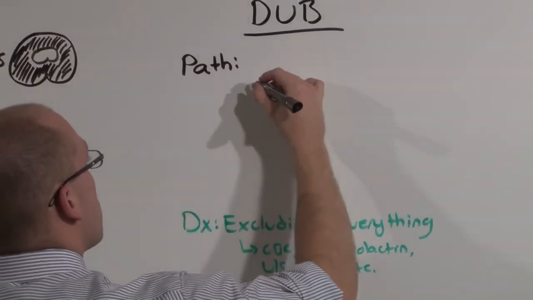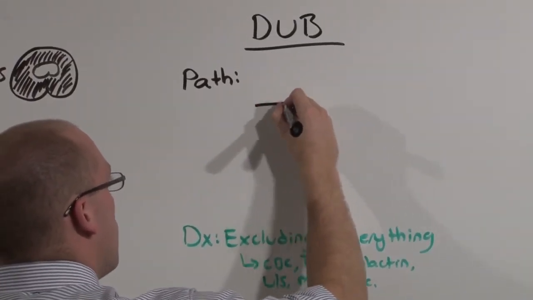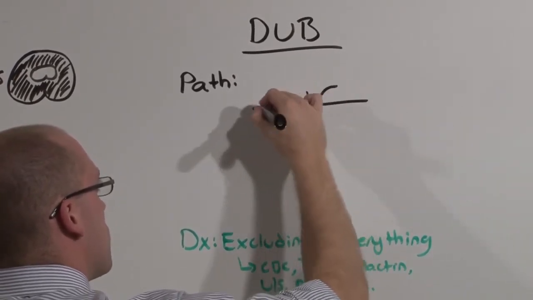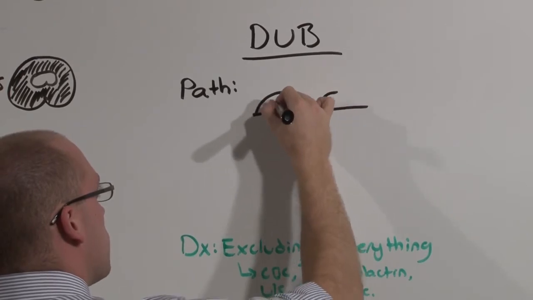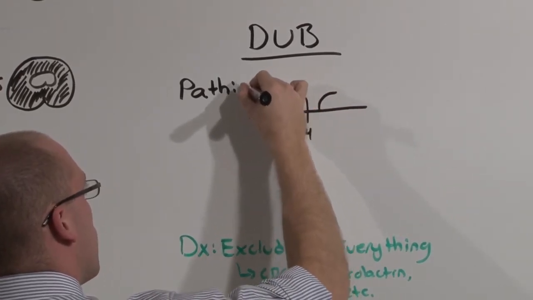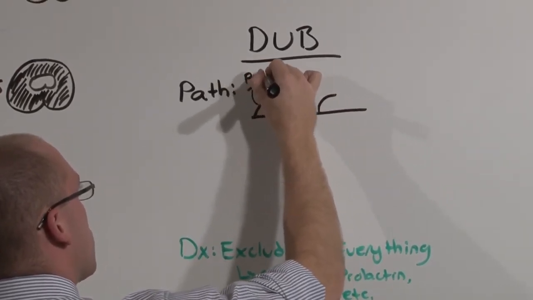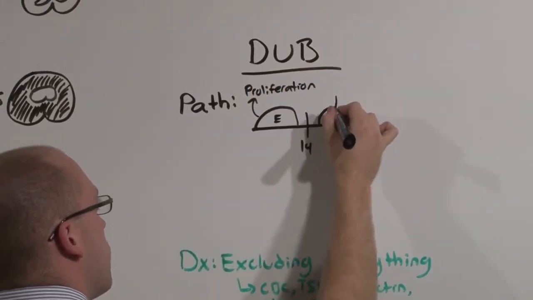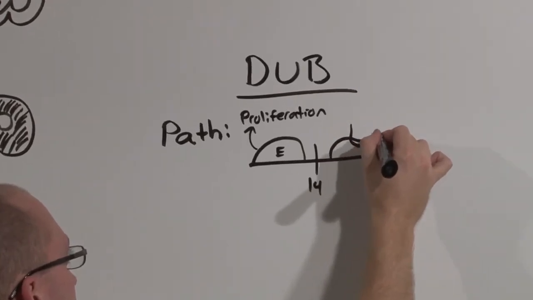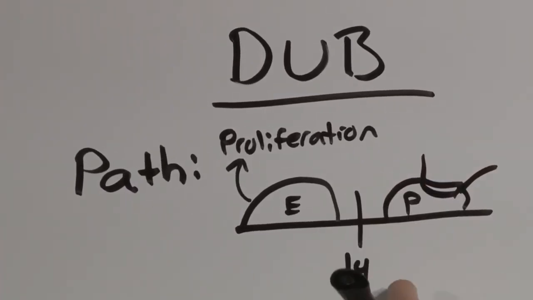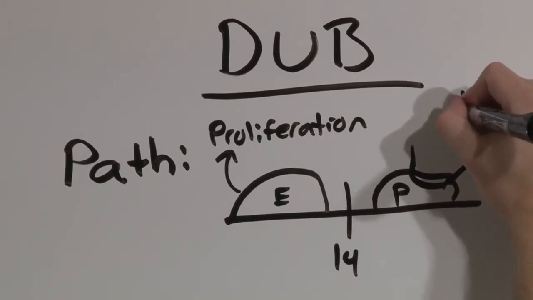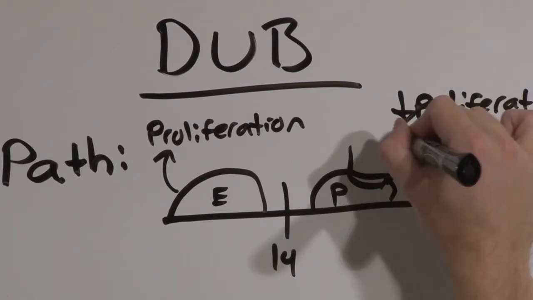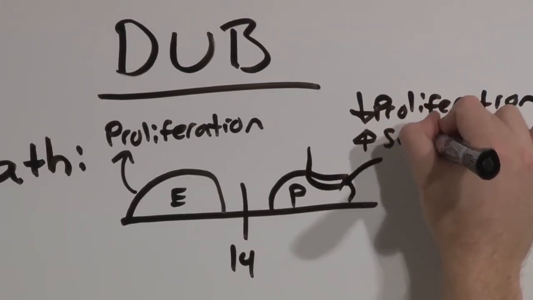The pathology is something like this. It's essentially anovulation. In the beginning of a cycle, estrogen is primarily made, which causes proliferation of the endometrium. At day 14, ovulation occurs, the egg pops out, and it becomes primarily progesterone driven. This decreases proliferation and increases the secretory uterus.